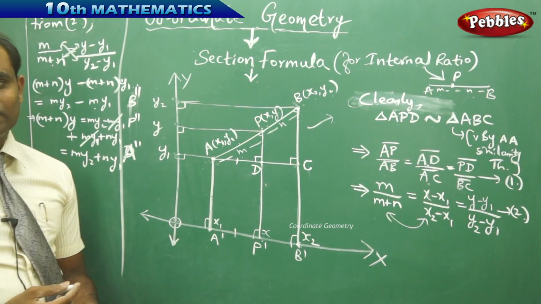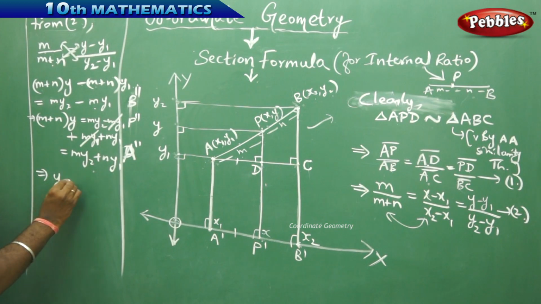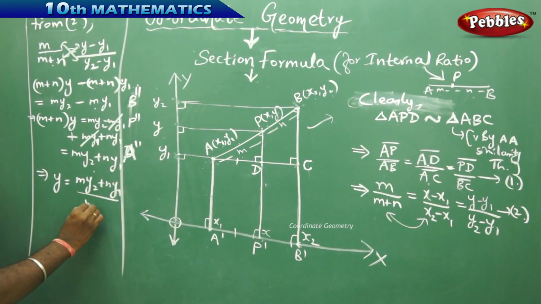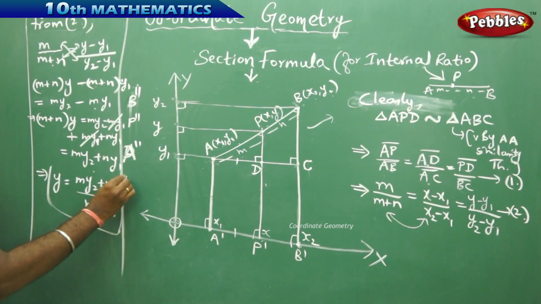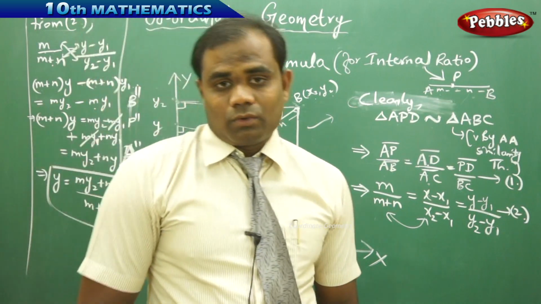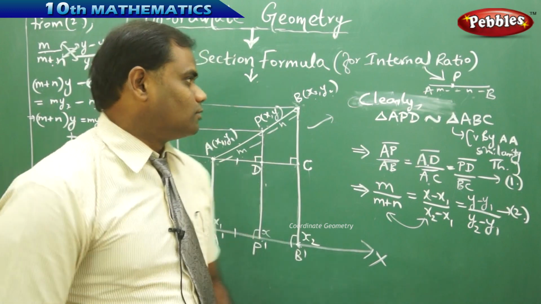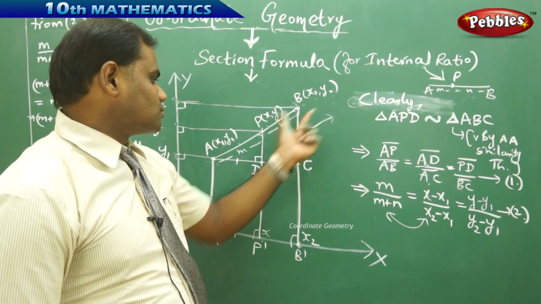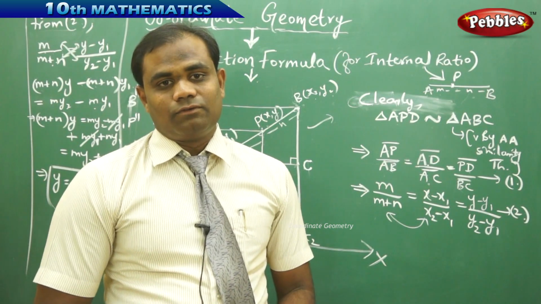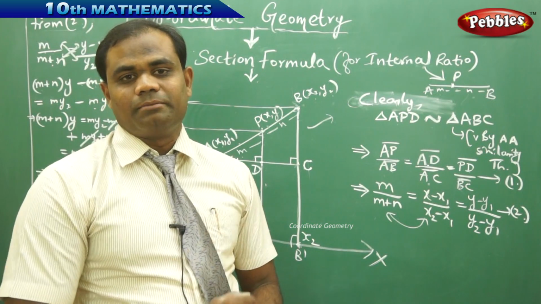Therefore my y coordinate is my2 plus ny1 by m plus n, which is the y coordinate of P. So with the x coordinate and the y coordinate obtained in terms of x1, y1 and x2, y2 and the ratio m is to n, I get a derived formula for finding the point which divides AB in the ratio m is to n.